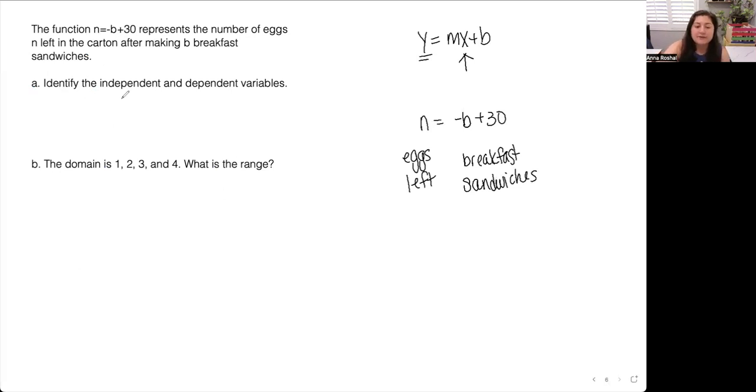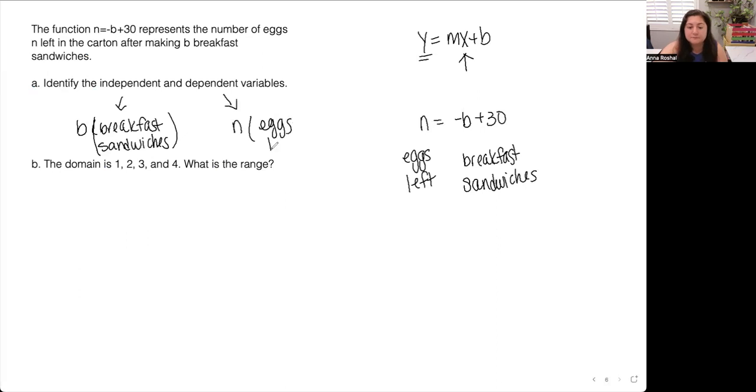That means my breakfast sandwiches, my b, are going to be completely independent of the amount of eggs that are left. My dependent variable, the variable that depends on the other one, is n, my number of eggs left.